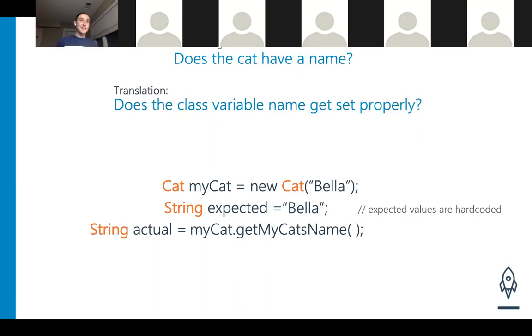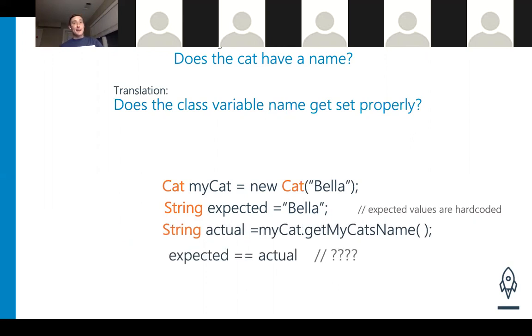This is the actual value, what actually happened in reality. Not everything we expect is in reality. I have Monday brain too. I'm going to just quit that analogy right there. So that's what we have here: our expected value, which is hard-coded as Bella, and our actual value, which is the value we get back from get my cat's name. So what we have to do is check, is expected equal to actual?